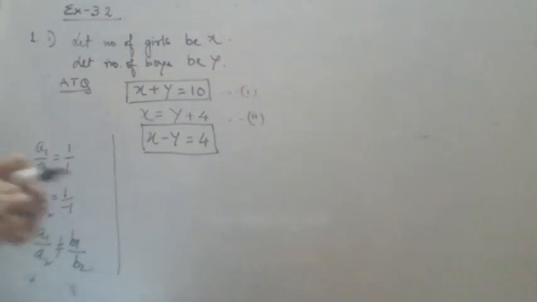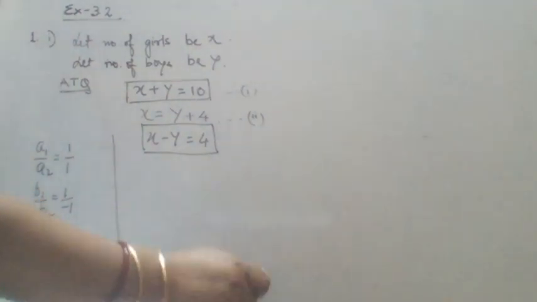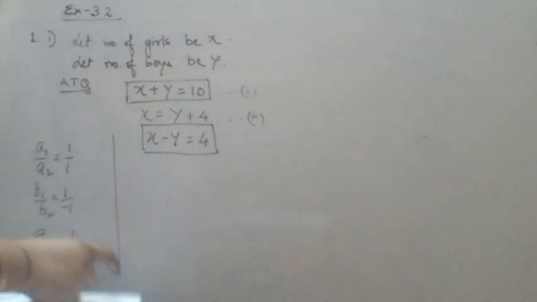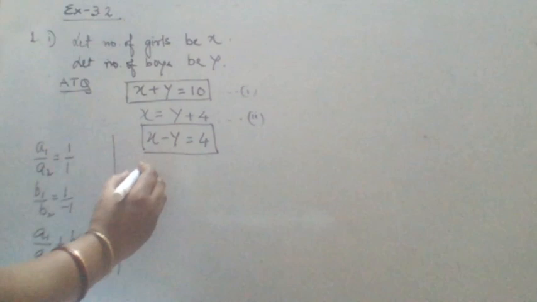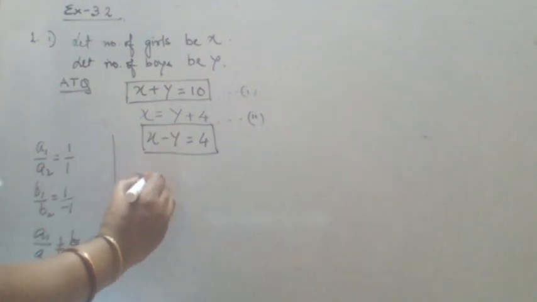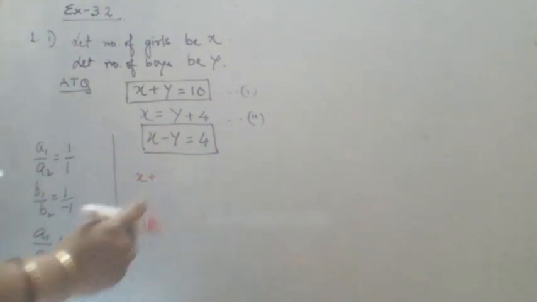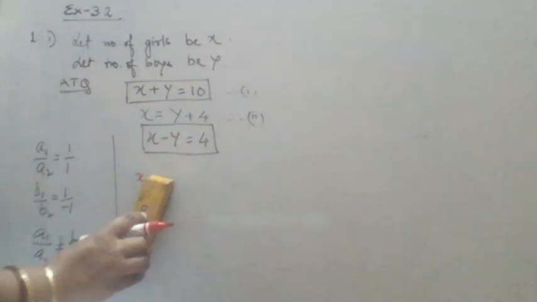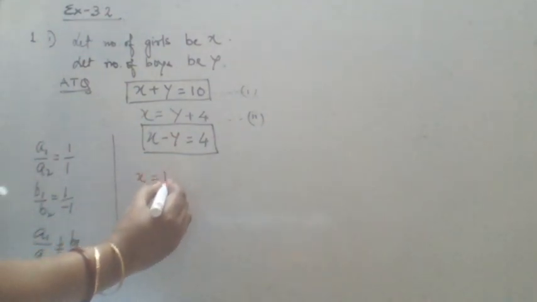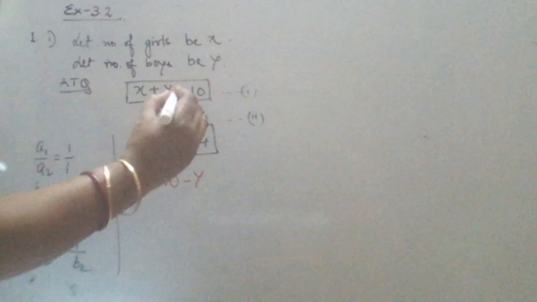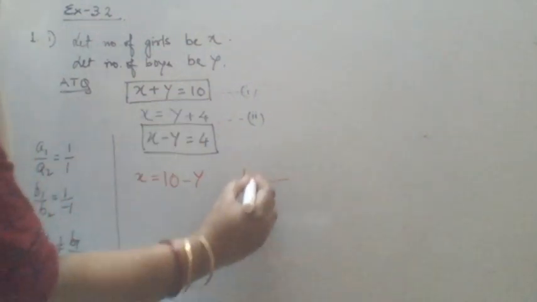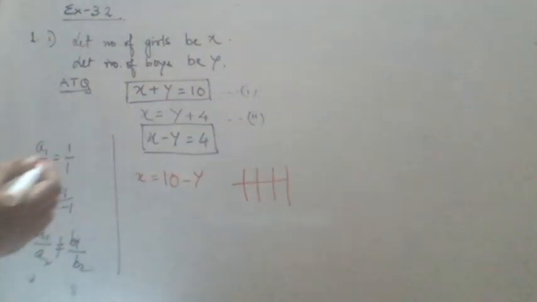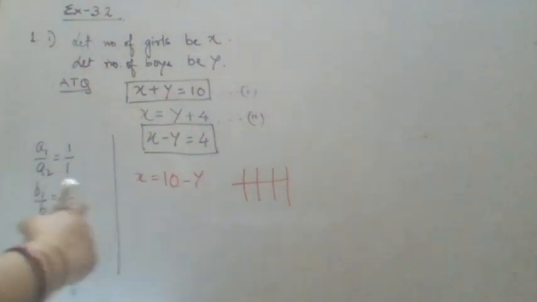Now we will find out the points. For the first equation, x plus y is equal to 10, you write it as x is equal to 10 minus y. Now you prepare the table. We need to make this table because this is a very simple equation.